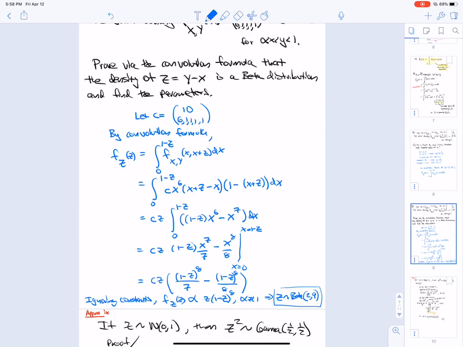So we let c be this constant, and then by the convolution formula we can take this integral and pull out things that don't involve x, and we substitute the limits 0 and 1 minus z, and we get something whose variable part has the form z times 1 minus z to the 8th, which is a beta 2, 9.